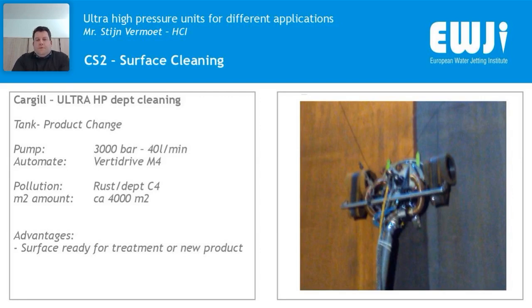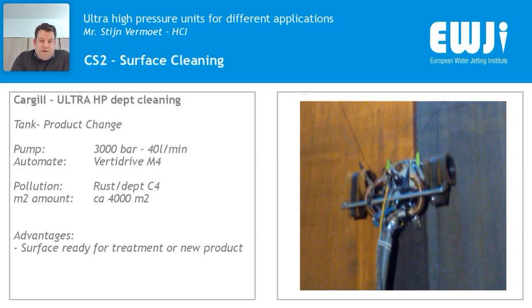Something we do furthermore with the high pressure pump is ultra depth cleaning. For example, what you see in the picture, with 3,000 bar, 40 liter pump. We use that a lot for the surface treatment of the tanks, but also for changing of a product, sometimes from black to white product, or from oil to food grade or feed grade.